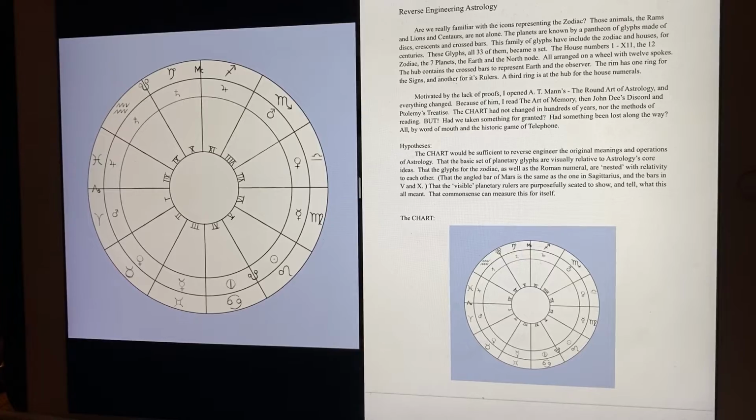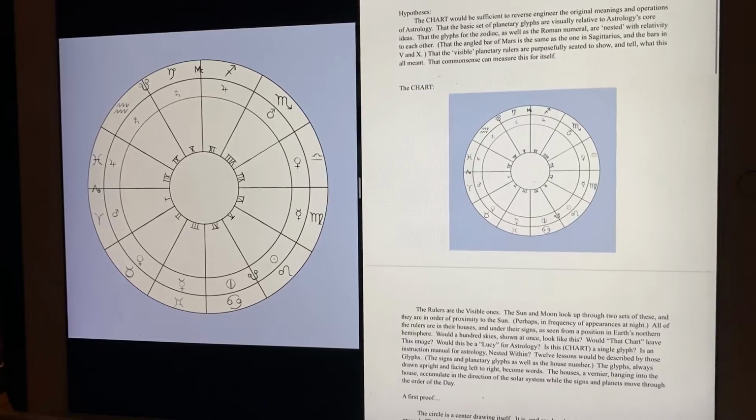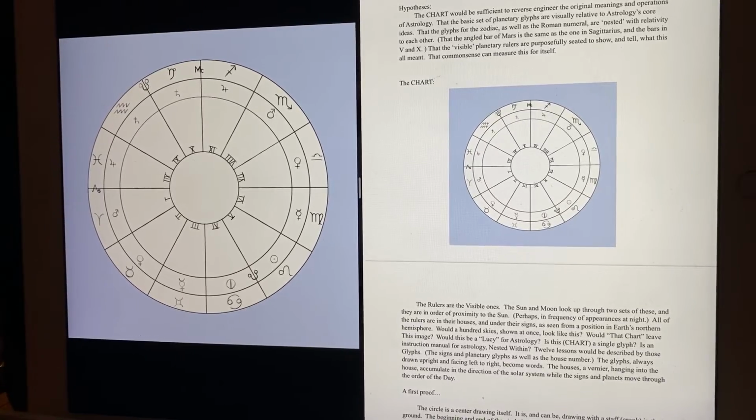That the basic set of planetary glyphs are visually relative to astrology's core ideas. That the glyphs for the zodiac, as well as the Roman numerals, are nested with relativity to each other.